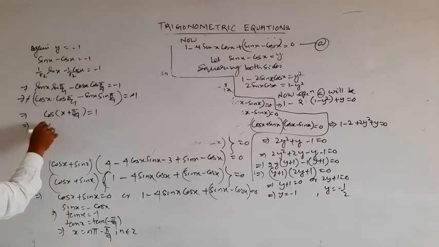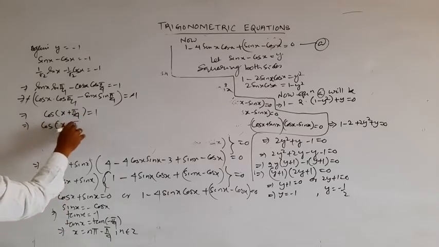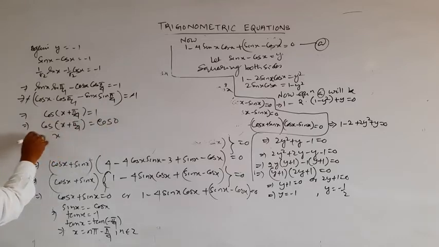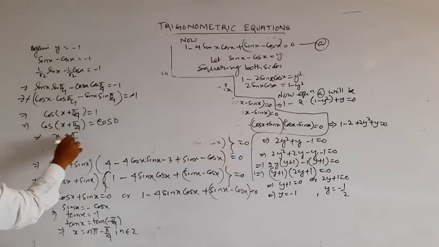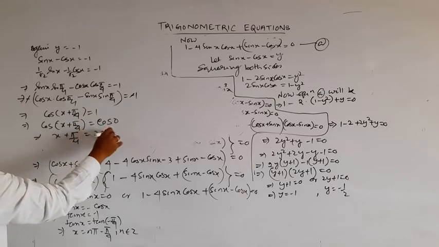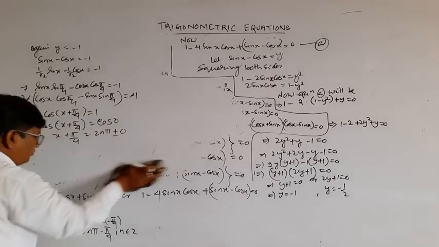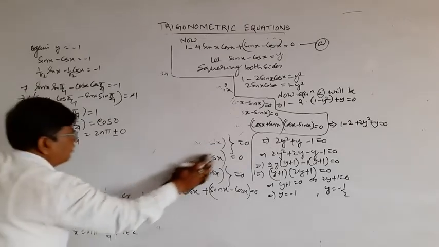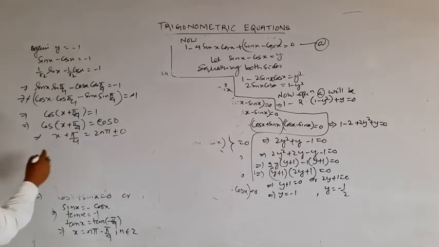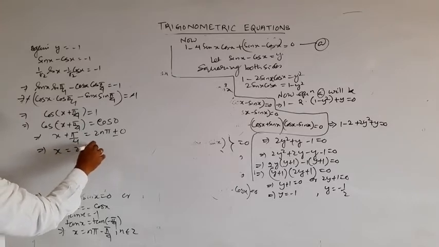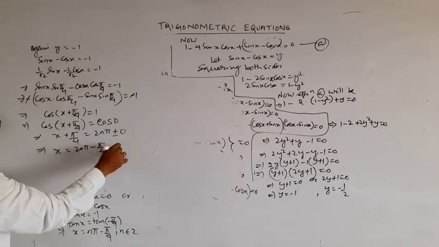That implies cos x plus pi by 4 is equal to cos 0. So x plus pi by 4 is equal to 2n pi plus or minus 0. So x is equal to 2n pi minus pi by 4, n belongs to z.